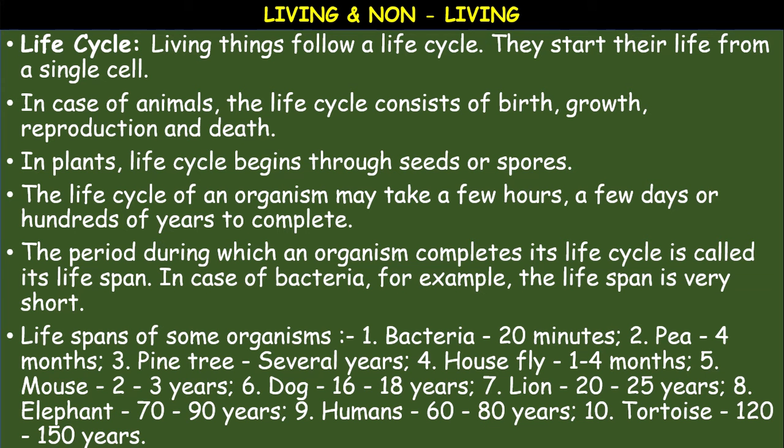Then pine tree several years, a house fly 1 to 4 months, a mouse 2 to 3 years, a dog maybe 16 to 18 years, a lion 20 to 25 years, an elephant 70 to 90 years, human beings 60 to 80 years, or maybe 100 years for very few people.